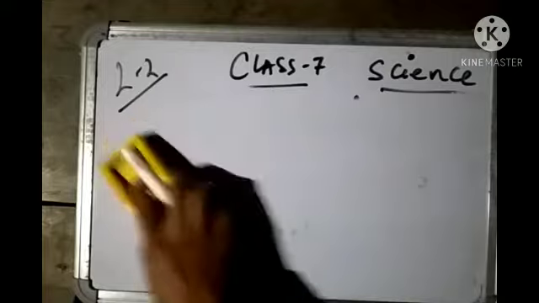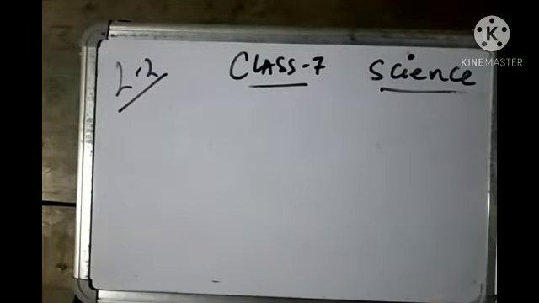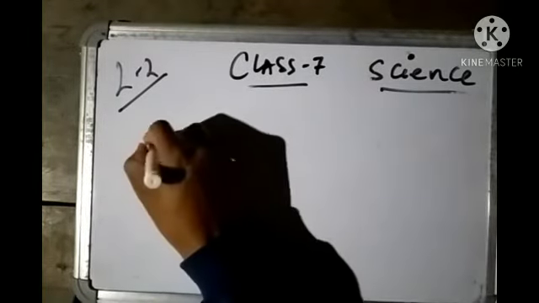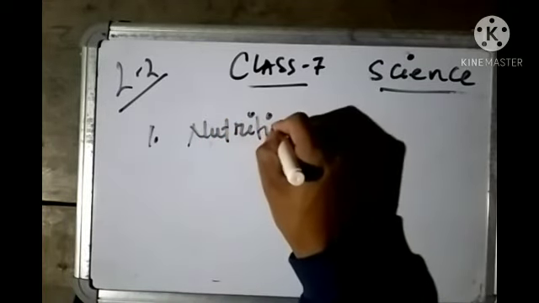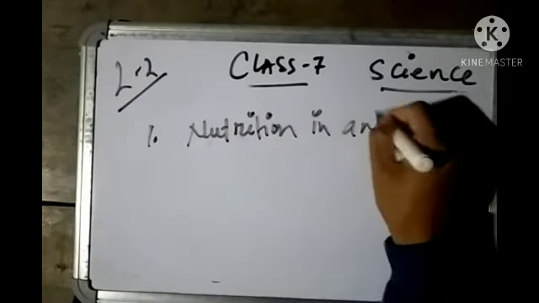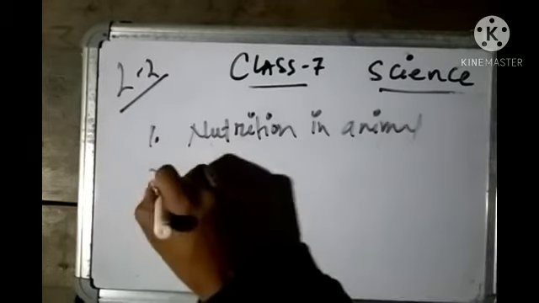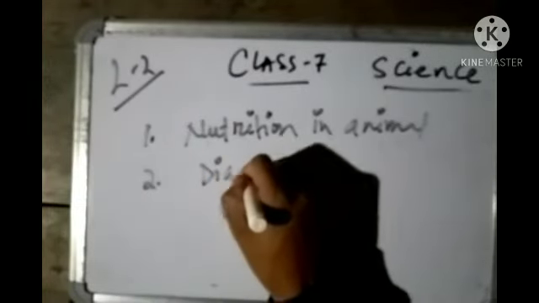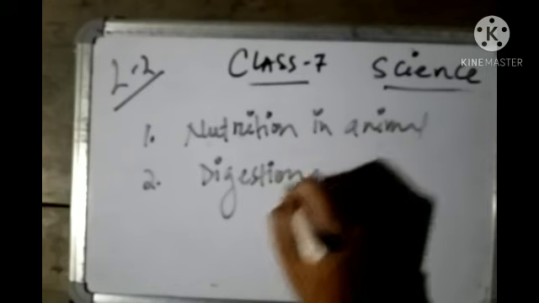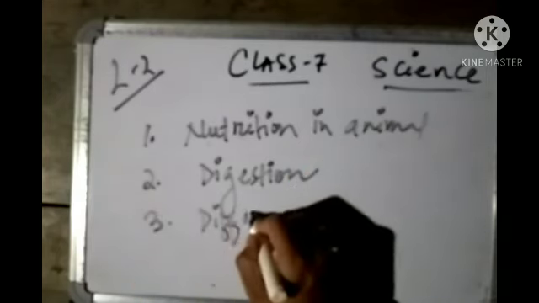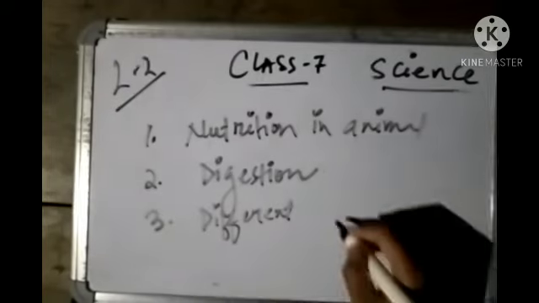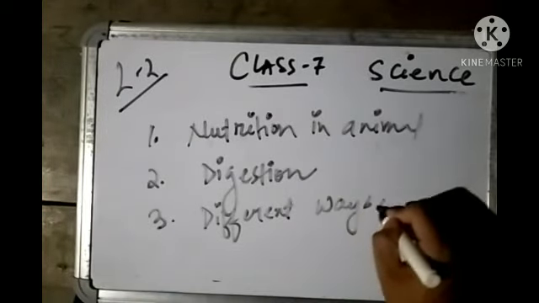So with this I will summarize what we have learned today. Today we have discussed the definition of nutrition in animals, and what digestion is. Then we have discussed different ways of taking food.